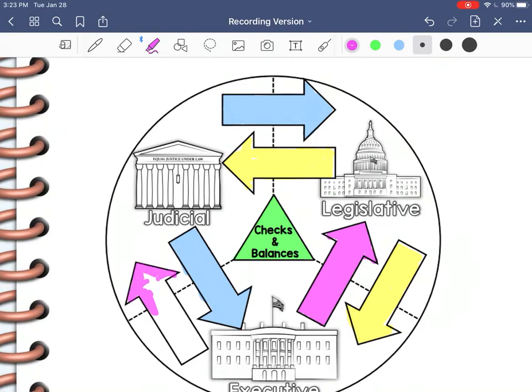So what this diagram is trying to explain to me is that all of the branches have powers over the others. They all have to work together to make this government thing work. And if they don't work together, things don't get done because of this system of checks and balances.